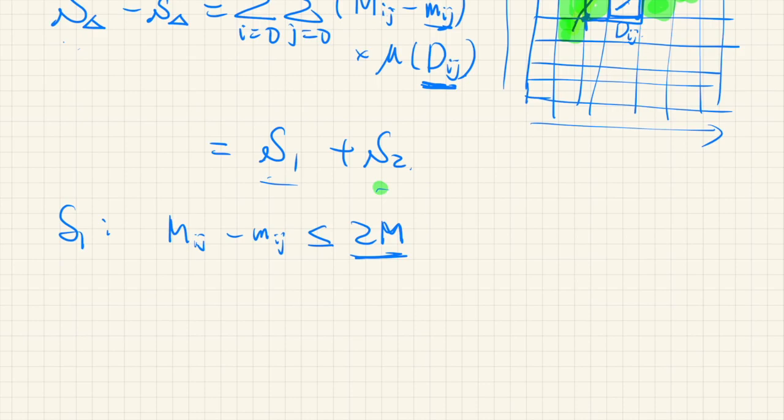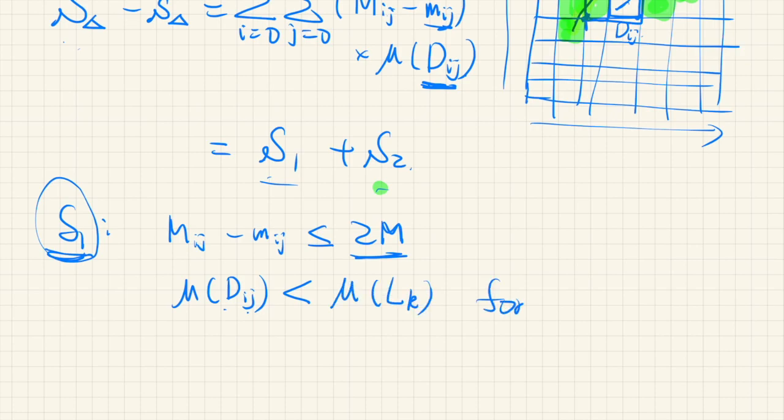Okay, so that means within S1, the area of dij, of course dij is the term involved in this sum, is less than the area of LK for some LK.